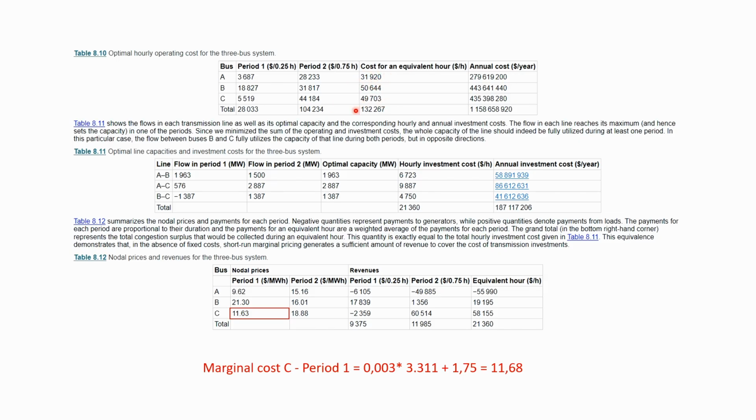And here you can see the total cost for an equivalent hour in both period 1 and period 2.